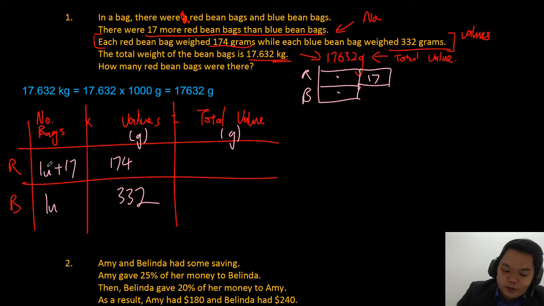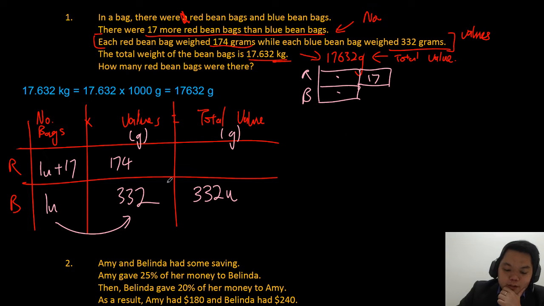The way this works is that because you have 1 unit of bags and every blue bean bag weighs 332 grams, the total value here would be 332 units worth.